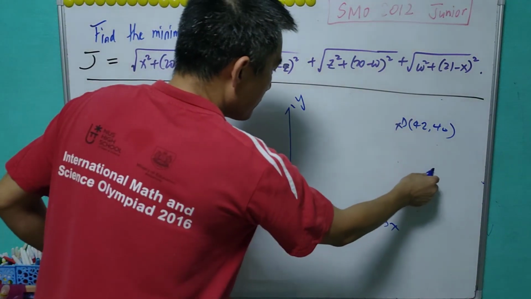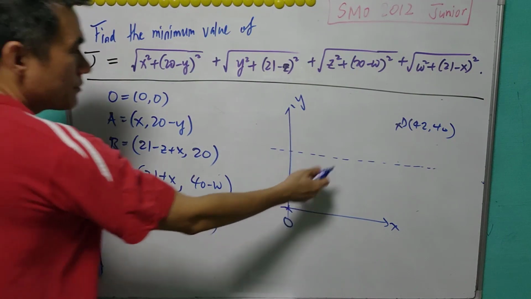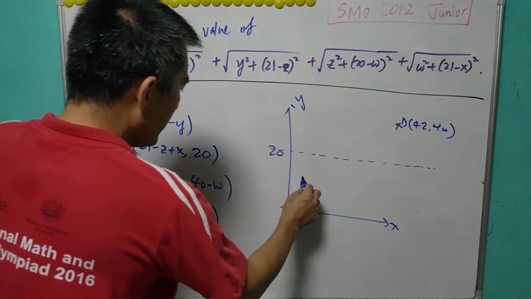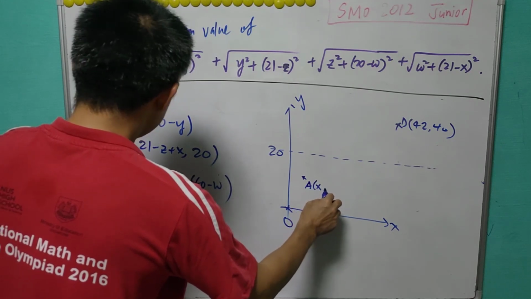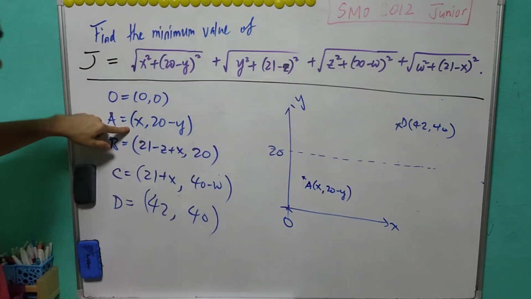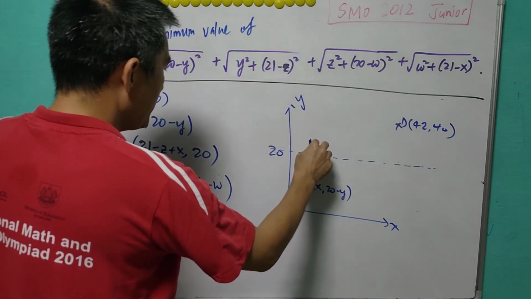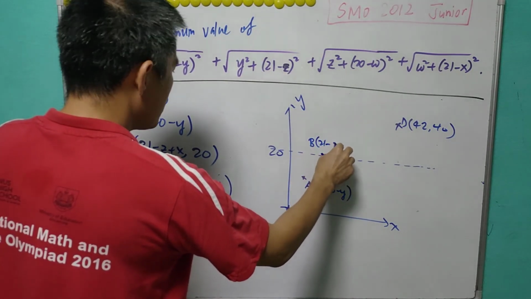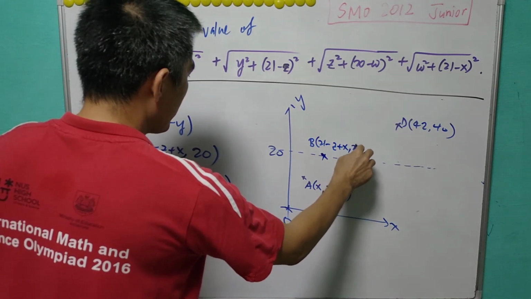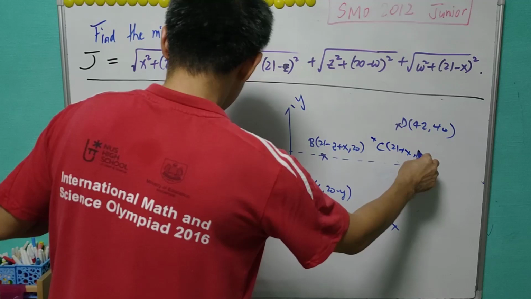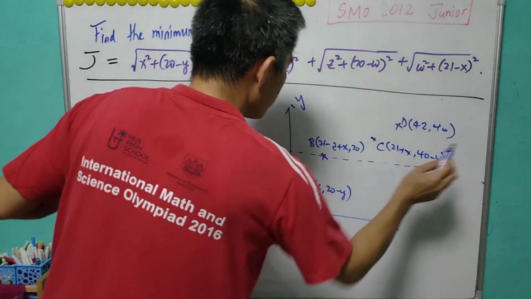So it's half of here. So it must be somewhere here. So let's say this is A, (x, 20 minus y). And for B, let's say this point here, this is B, (21 minus z plus x, 20). So for C, let's say it's here, (20 plus x, 40 minus w).